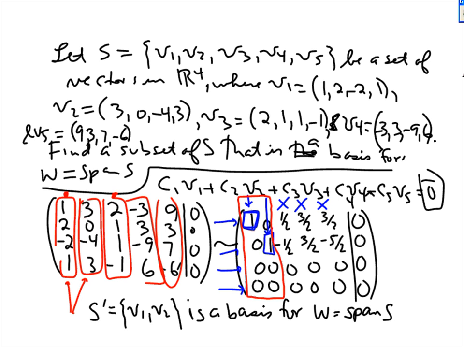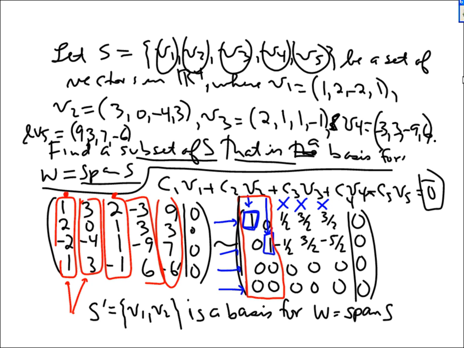If you're asked to find a subset of S that is a basis for the span of S, all you need to do is write down all the vectors in S as columns, reduce it. Whichever columns have a leading one, you got it. That's it. You have the basis.